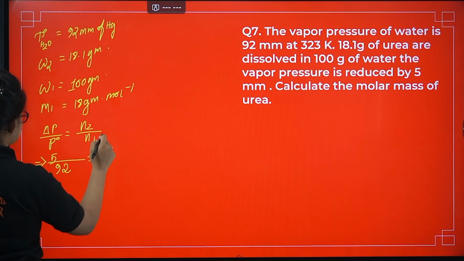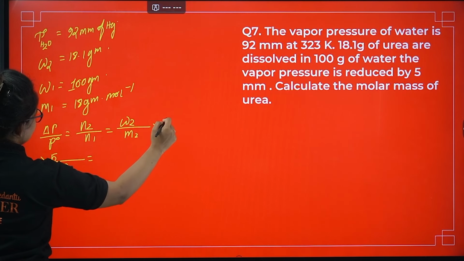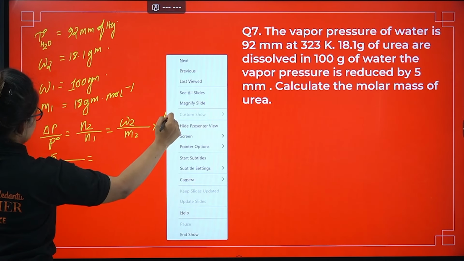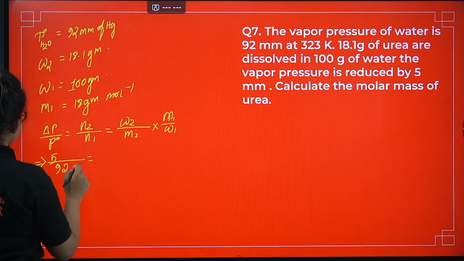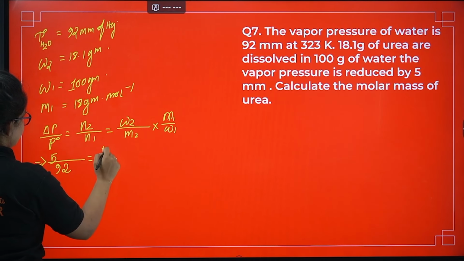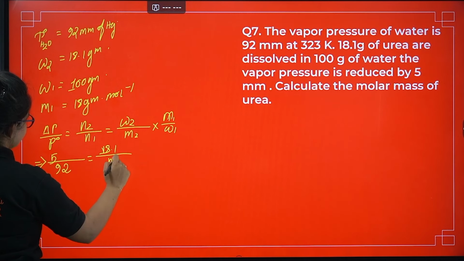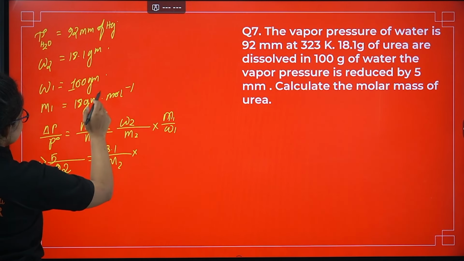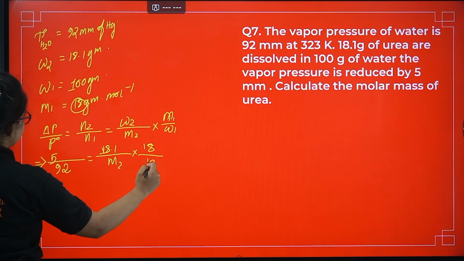And here if I just substitute this with W2 by M2 into M1 by W1, so if I just substitute the thing, 18.1 divided by molecular weight, we don't know, into M1, which means molecular weight of solvent, 18 divided by 100 gram.